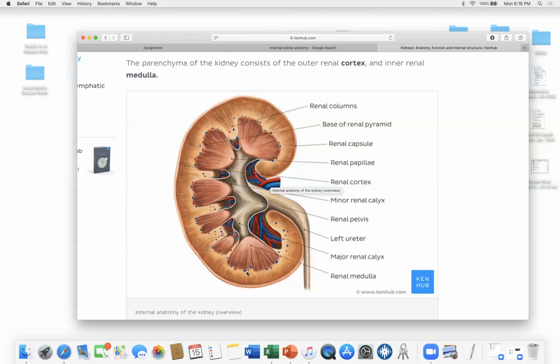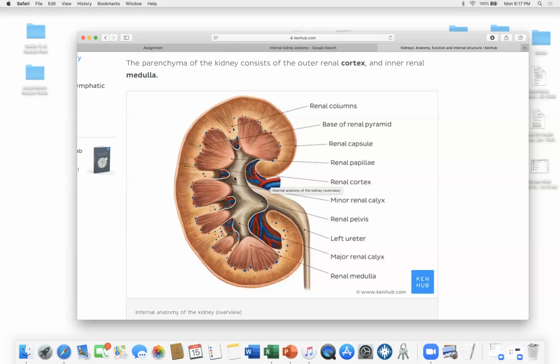And then from there, once it makes the urine, you could see here, doesn't this look like a funnel? This is called your renal pyramid. You got to use your imagination a little bit and pretend like this is a three-dimensional cone or kind of like a funnel. And whoever the histologist was who figured it out said, hey, that looks like a pyramid. And then from this pyramid, do you see this little indentation here? Which is another funnel.